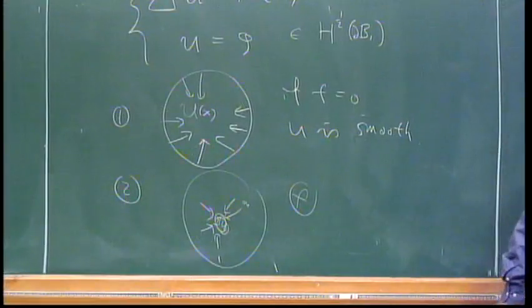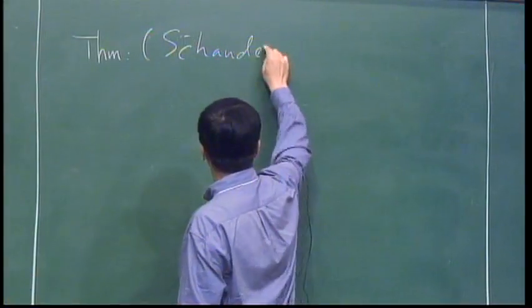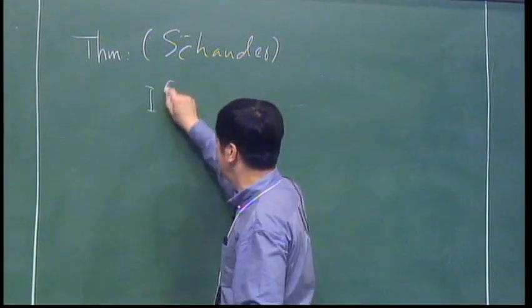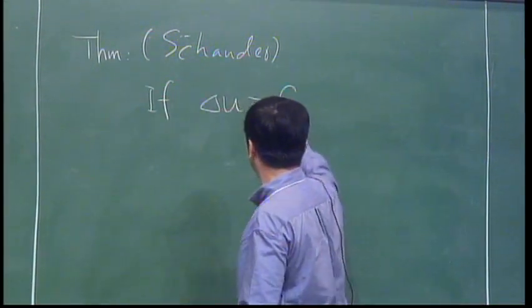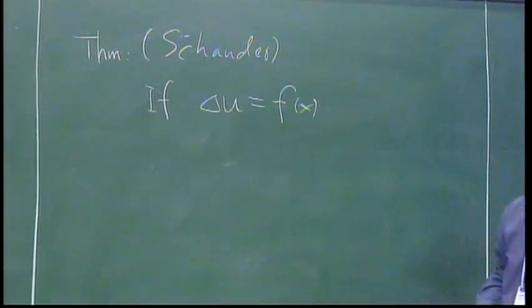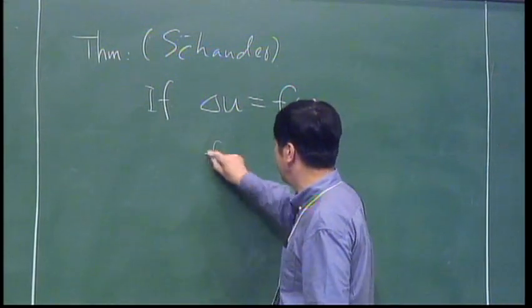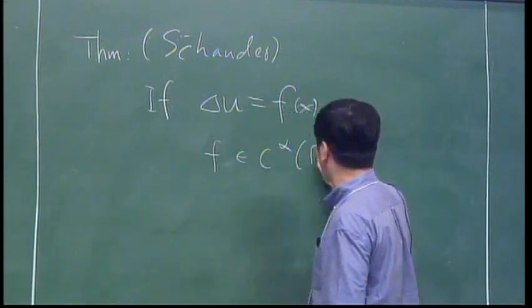But nevertheless, what I want to prove is the following amazing theorem. If I write it down, it's almost beyond belief. It's called Schauder. It is the following: just say Laplacian u equals f of x. I assume, say, f is C^alpha in ball 1.